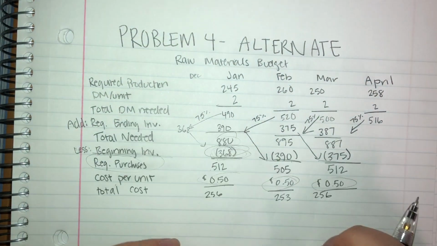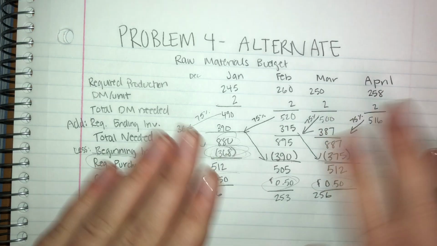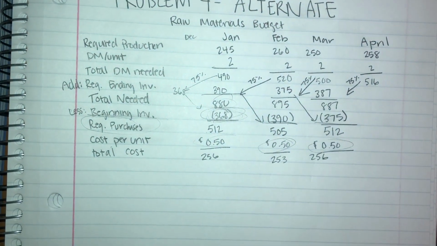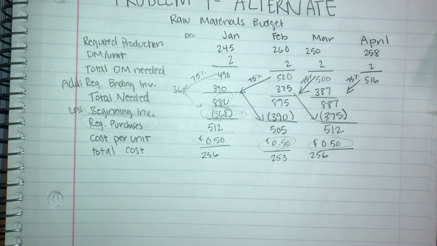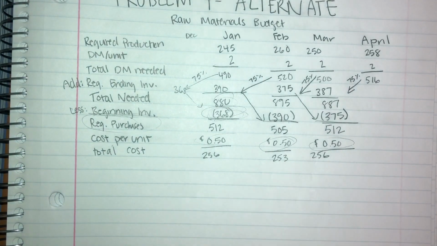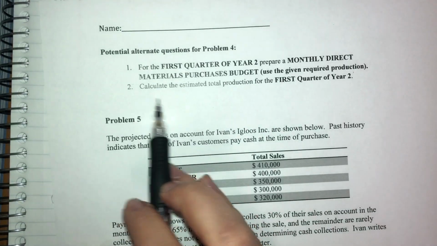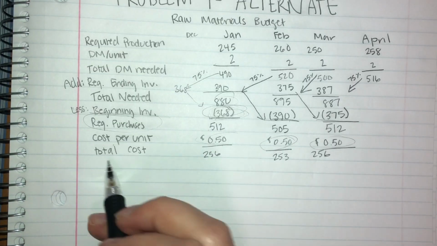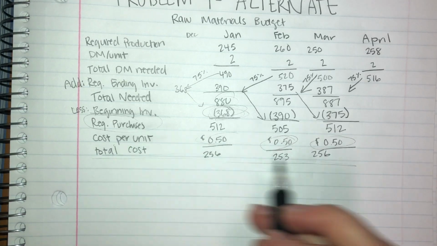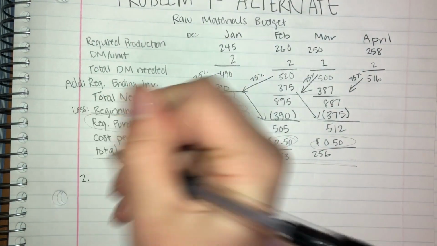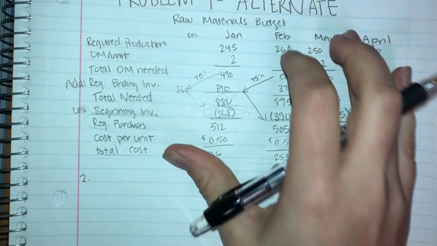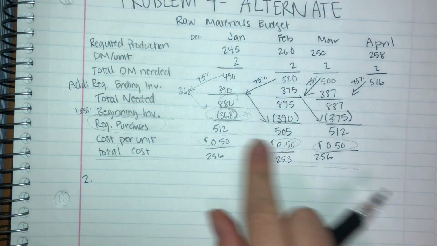So you can erase these arrows and make it look pretty. I just like to have them there just so I know what I'm doing. Now we're going to calculate the estimated total production for the first quarter of year 2. It's basically like the previous example that we did. We're just going to add these all together because we just want to know for the quarter how much our raw materials are going to cost.